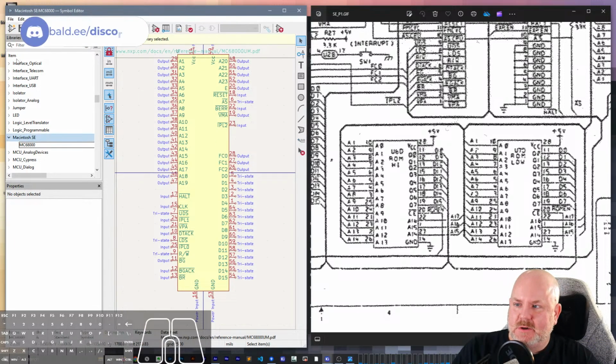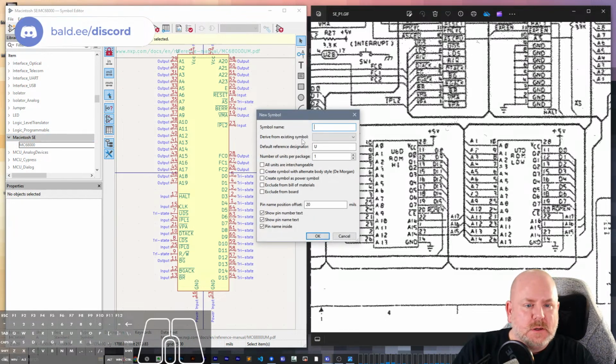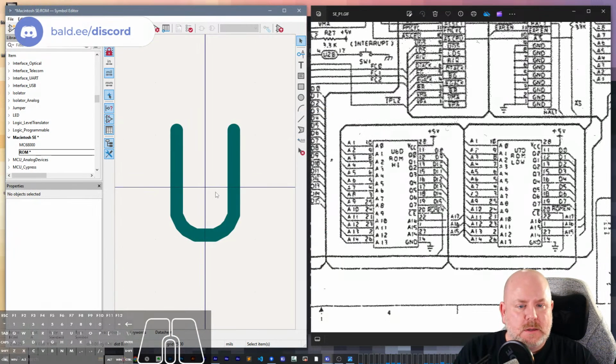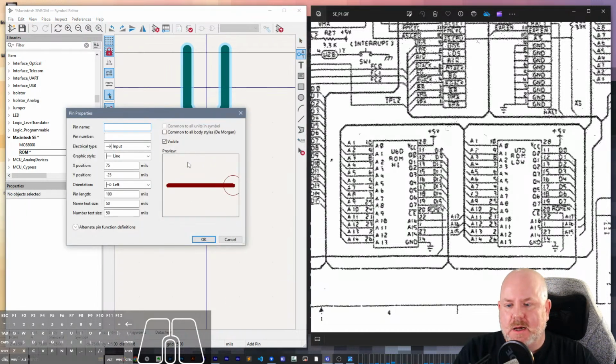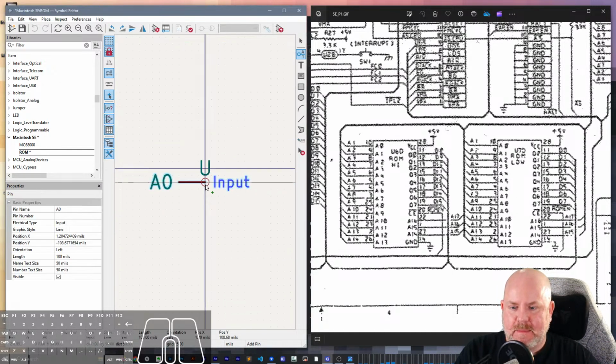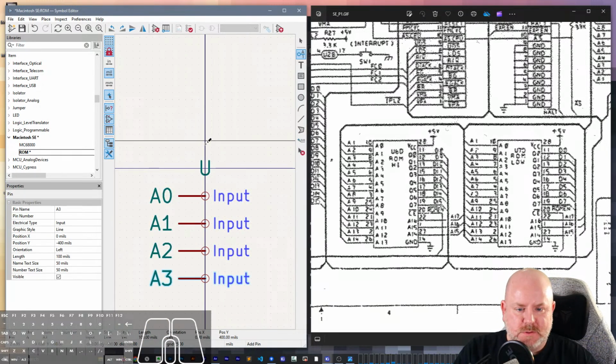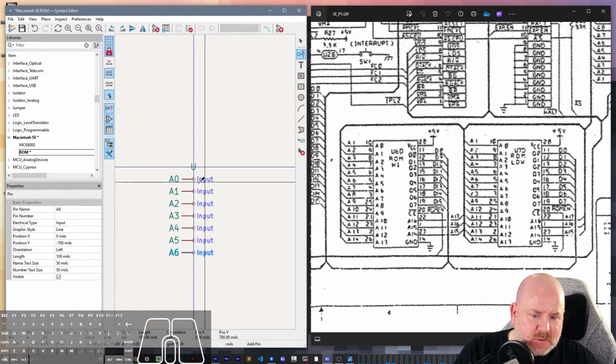This symbol name, I'm just going to call it ROM. And we're going to do A0. Oh, they're still in the wrong direction. Okay. All right. 1, 2, 3, 4, 5, 6. So how many address lines are there?